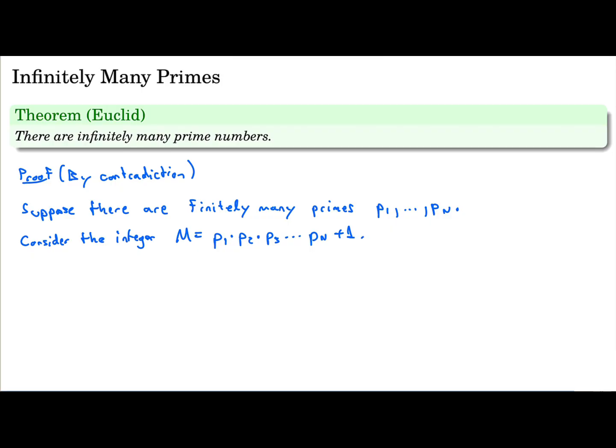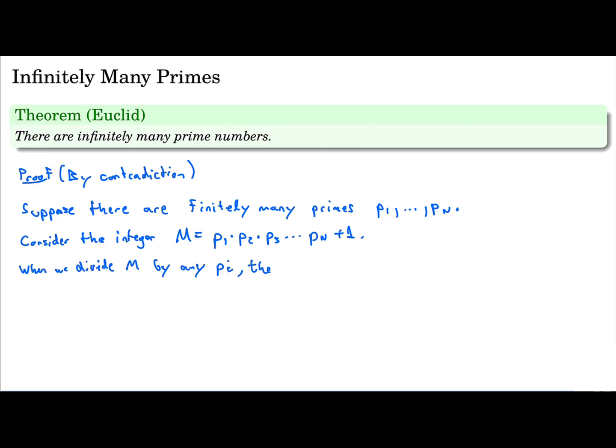Okay. So now when we divide M by any pi, notice that we get a remainder of 1, because this is exactly what's written here. For any pi, you're writing M as something times pi plus a remainder of 1, so you're going to have a remainder of 1.